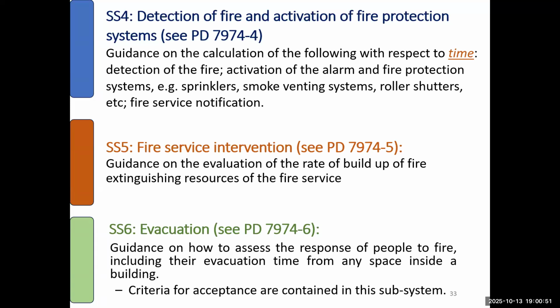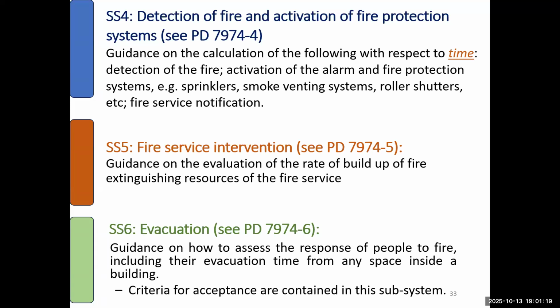And based on the information that the previous subsystems provided, we finally come to the most important subsystem, which is for evacuation. Subsystem 6 provides guidance on how to assess people's response to a fire and how to estimate their total evacuation time.